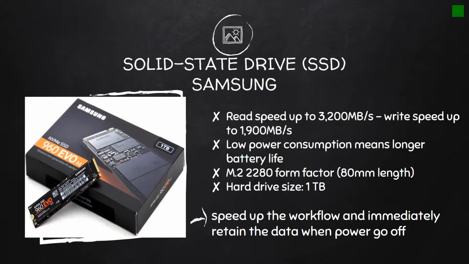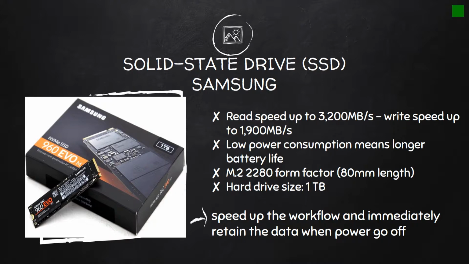And fourthly, we have the solid-state drive, or SSD. You may know that besides retaining information like a hard disk drive, an SSD is capable of speeding up the workflow and retaining the data when the power goes off. Here I will choose the Samsung SSD, with a reading speed of up to 3200 megabytes per second and a write speed of up to 1900 megabytes per second.